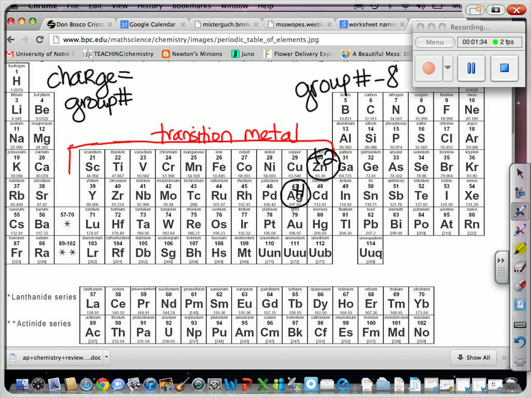That's going to be important as we move forward and start naming compounds that contain a transition metal. Ultimately, when naming a transition metal compound, we put the cation first, the anion second, and we have to include a Roman numeral. I'm going to go over an example of that right now.